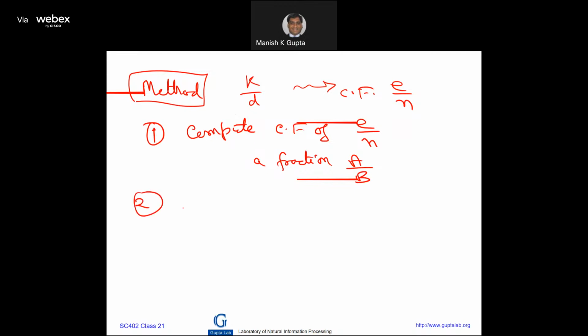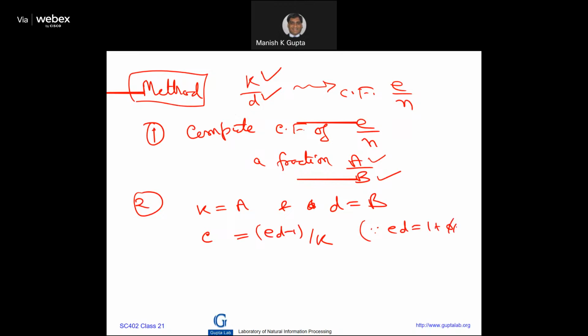Then you use K equal to capital A and D equal to capital B. So I am approximating these values with the continued fraction values A and B, and check what happens: C is equal to ED minus 1 by K. Why is this? Since ED is equal to 1 plus phi of N times K, if you remember, right?